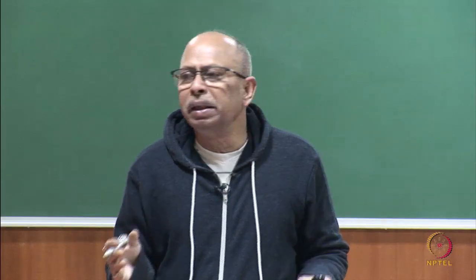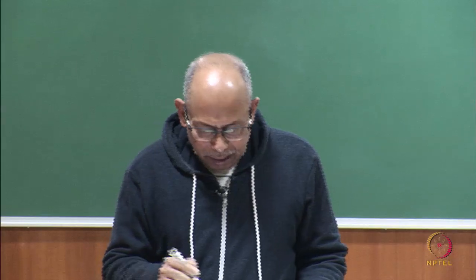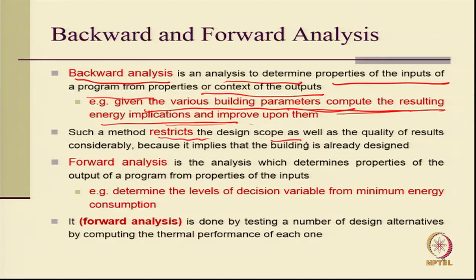This is what we do in other designs also, in some cases. Such a method restricts the design scope as well as the quality of results, because it implies that the building is already designed. I have already designed the building, chosen the orientation, shape and then analyzed to find out how much. And if I am not satisfied with the design, I change the orientation, change the shape and come back to it. So, that is the process of backward analysis.